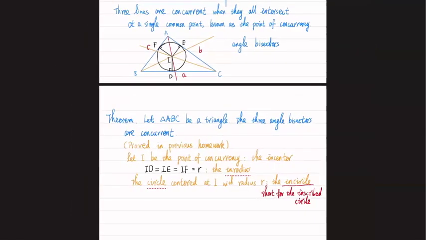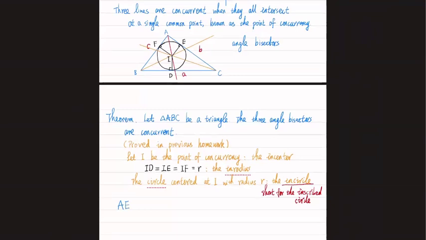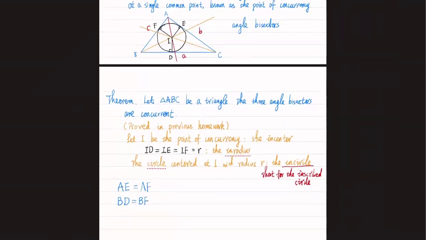We want to find AE, AF. What do we know? In our homework, we proved AE equals AF. We also proved BD equals BF, and CD equals CE.